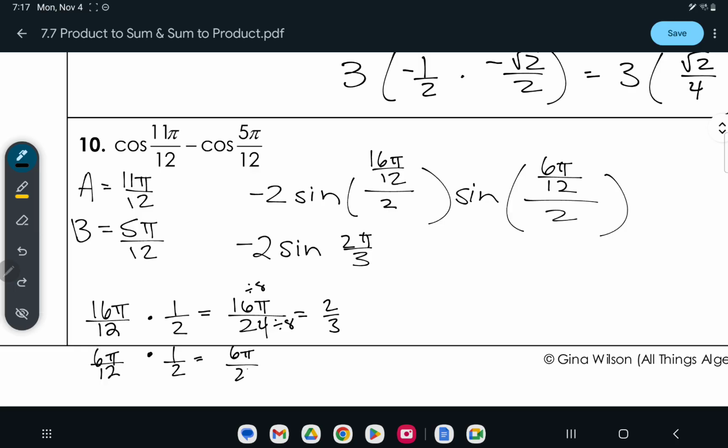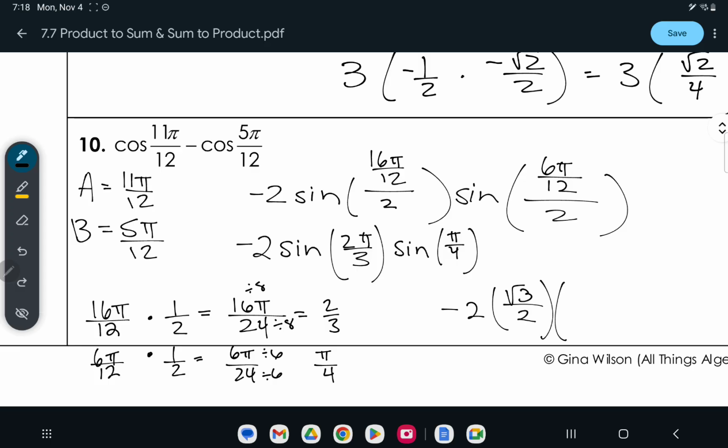So that gets 6 pi over 24, and I can divide both by 6 and get pi over 4. All right. So sine of 2 pi over 3 from the unit circle is √3 over 2 times sine of pi over 4, which is √2 over 2. So that gives us -2 times √6 over 4, which will reduce to -√6 over 2.